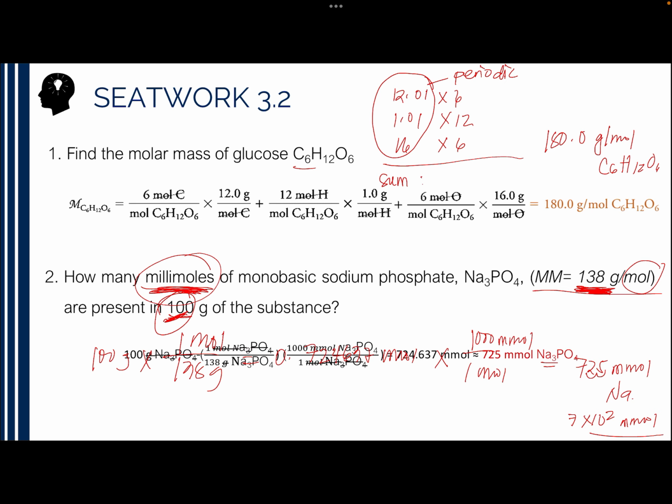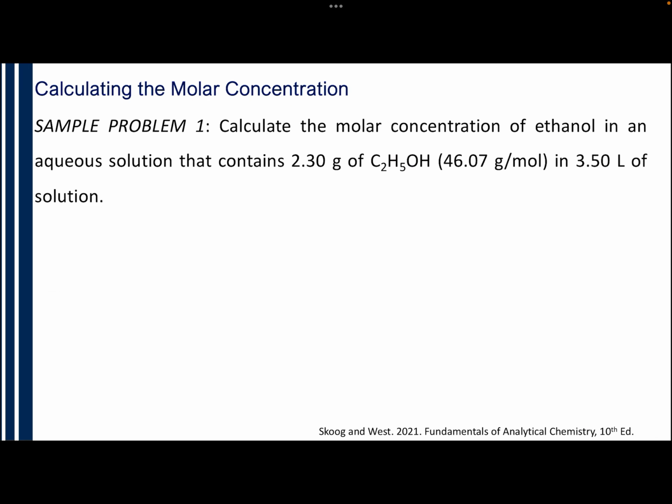Okay. So now we will calculate the molar concentration. Since we already reviewed the calculation of molar mass, we will now calculate the molar concentration. Usually in the problem, if the molar mass is given, then we can use it directly. But if not, then we should calculate the molar mass first so we can use it for the molar concentration calculation.